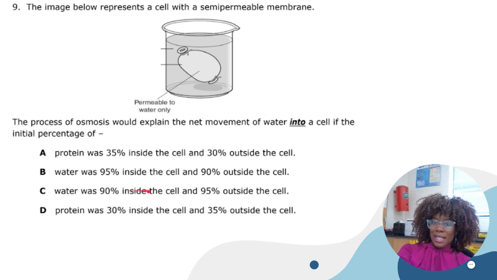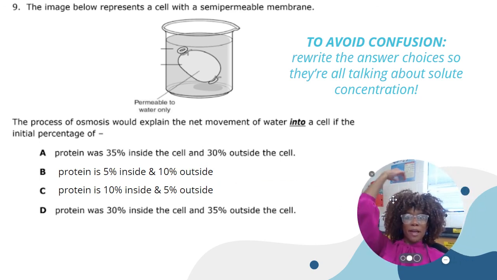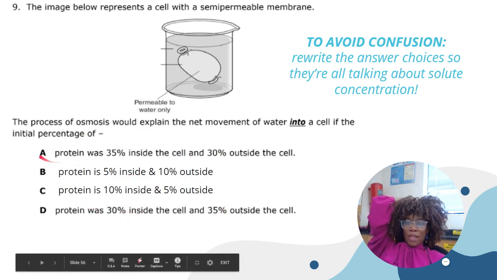Water was 90% inside the cell. Protein is 10% inside. That makes sense? So everything has to add up to 100. Yeah, y'all get that. That's very simple math. So now you can accurately go through it, now that they're all talking about protein. So now answer the question.